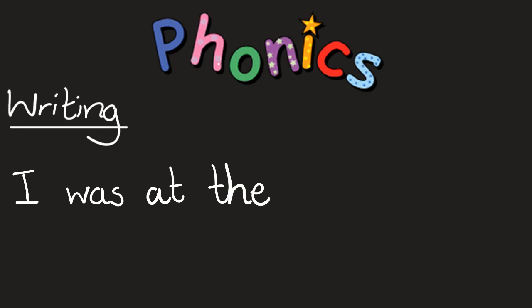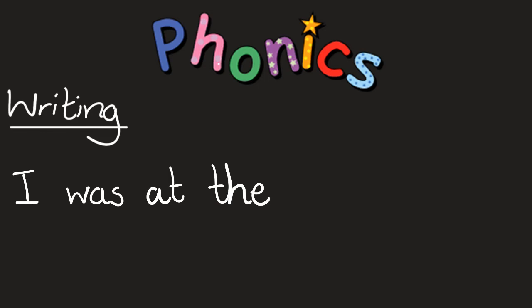Okay, here come your next 2. Now this one is a bit difficult, but here we go. I was at the pond for. So your new words, pond for. Okay, remember if you need more time, just press pause. And here are your last 2 words.